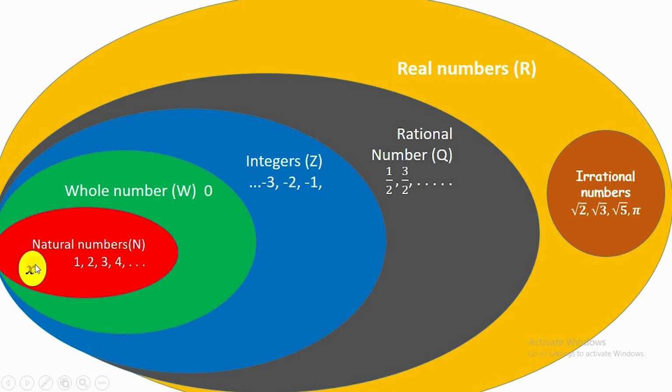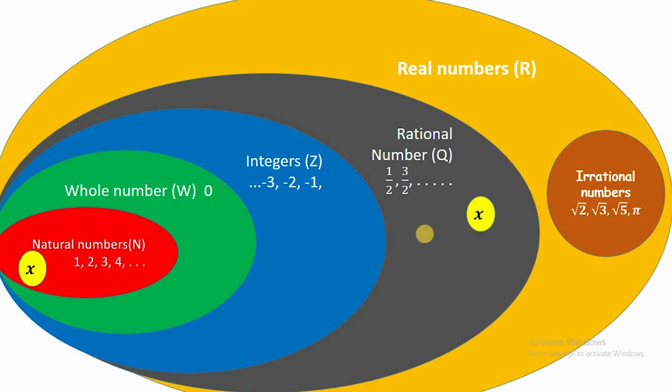Again, we can say that x is an integer, because integers are a collection of whole numbers and negative natural numbers. Again, we can say that x is a rational number, because rational numbers are the collection of integers and numbers in the form p by q. Again, we can say that x is also a real number, because all the rational numbers are real numbers. But the reverse process is not true.